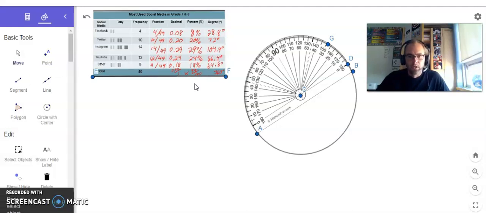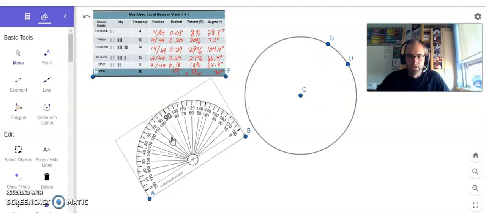Okay, so I'm going to move my protractor off, and you guys again will be using your hand, and I will draw a line from my center. First of all, my original point, and then I'll create my sector here. So that there is 28.8 degrees, and that is for Facebook.